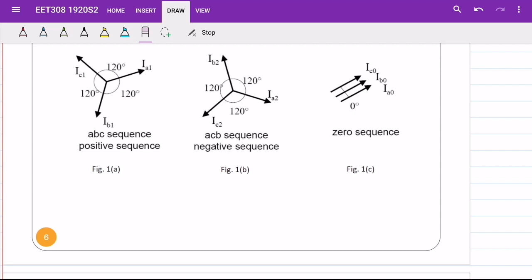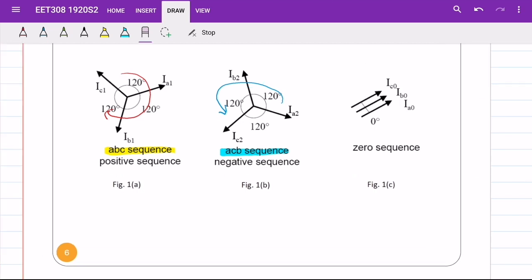The positive sequence uses the ABC sequence, but the negative sequence uses the ACB sequence. So for positive sequence, ABC is in the clockwise direction, and for the negative sequence, ABC is in the anti-clockwise direction.